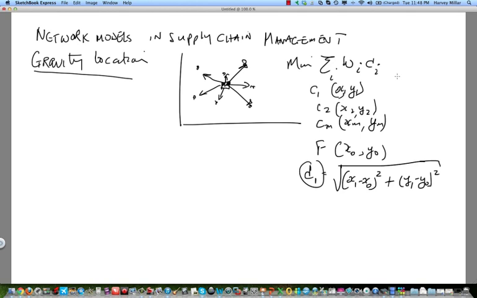So you want to consider the weight in that fashion: either the number of trips, or the total annual shipment. So that's the first model that we're thinking about, in terms of the location of a single facility for a group of customers using the gravity location method.